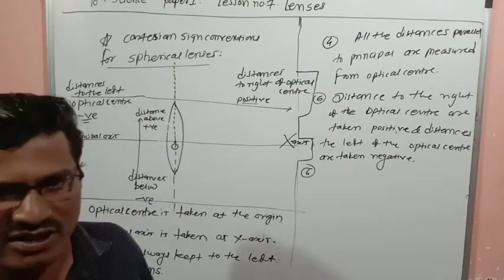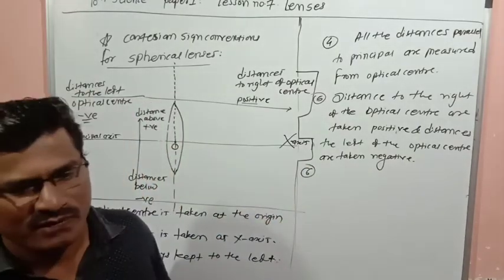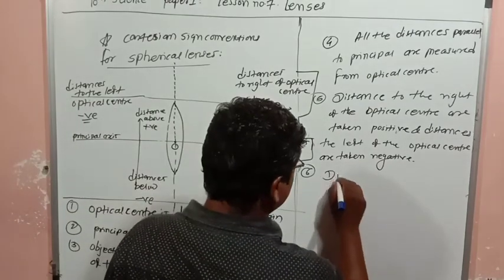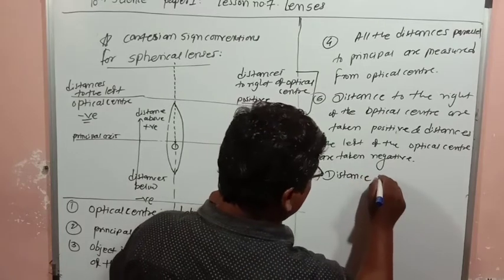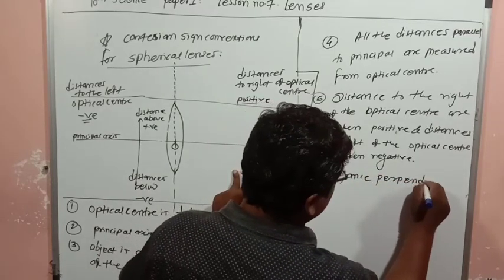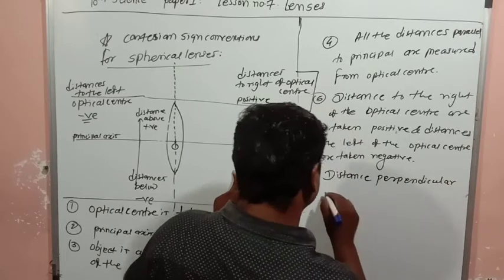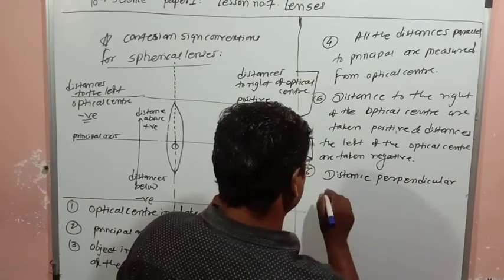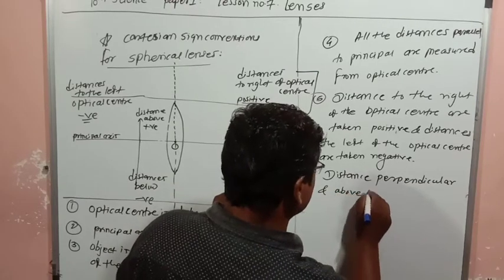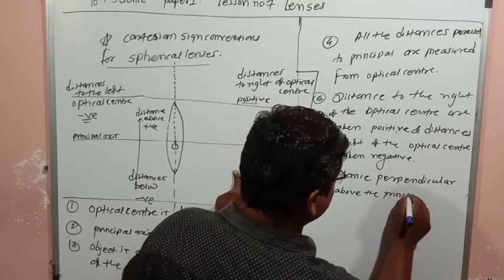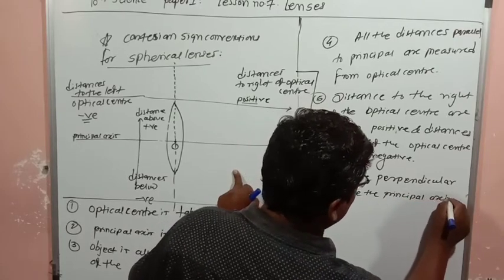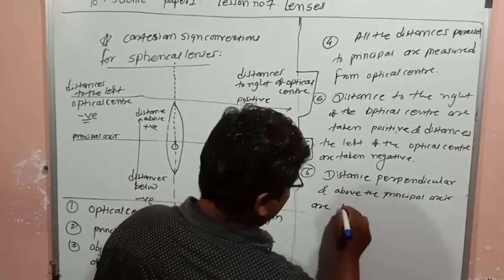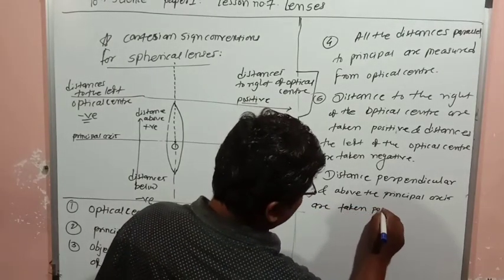Sixth point, distances perpendicular and above the principal axis are taken positive.